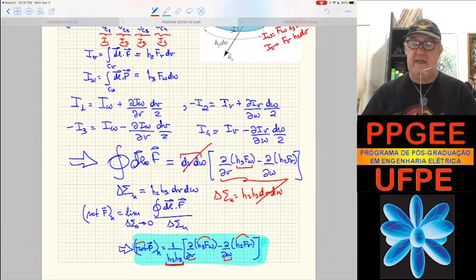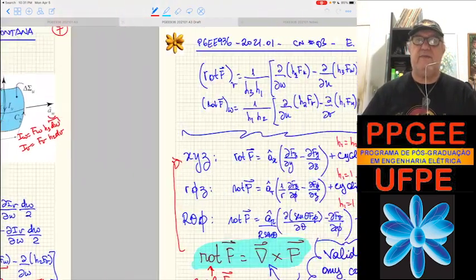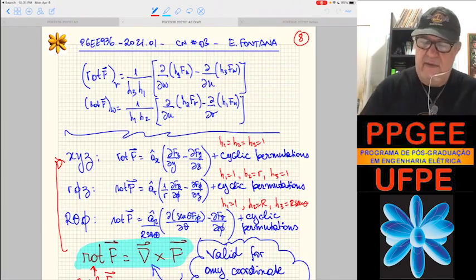That's the expression in the UVW system. And now you can determine the other components just by doing permutation.